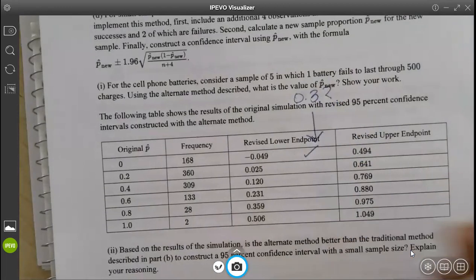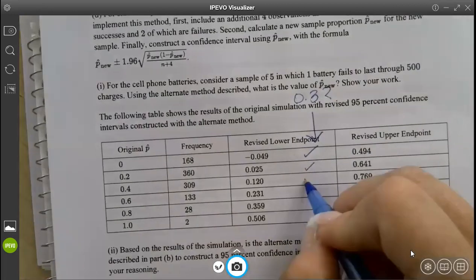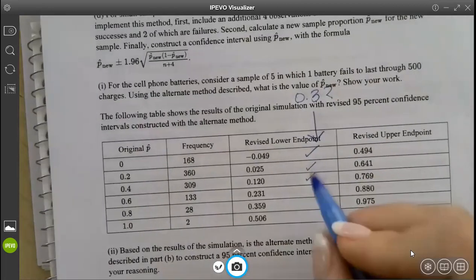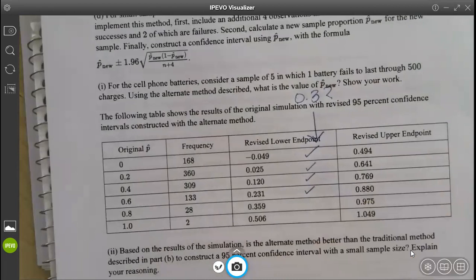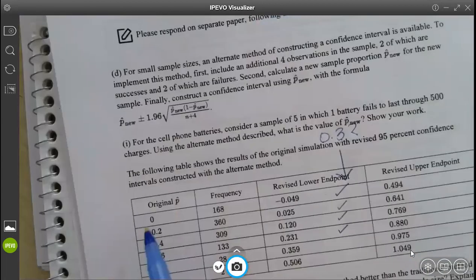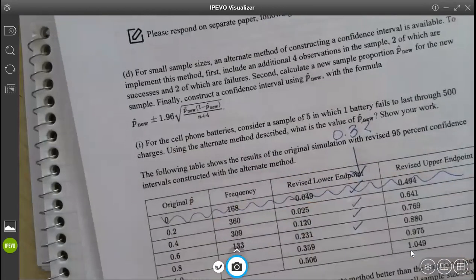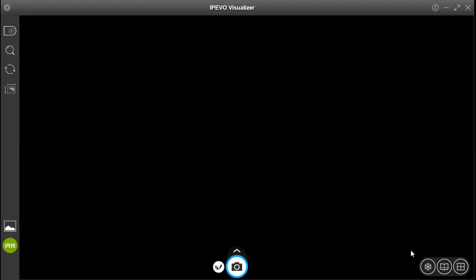Does it contain 0.3? Does the next one contain 0.3? Okay. So we're not going to include this one though, because it's that 0. The original is 0. So we're not.